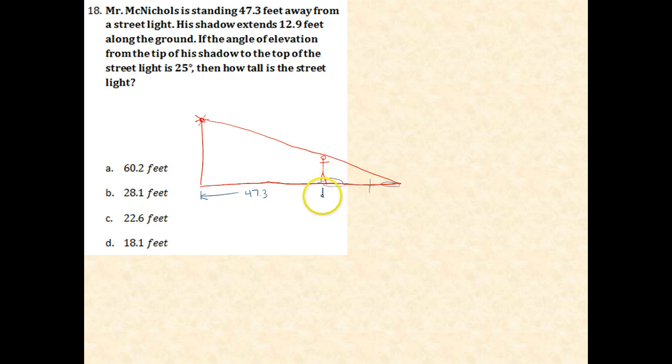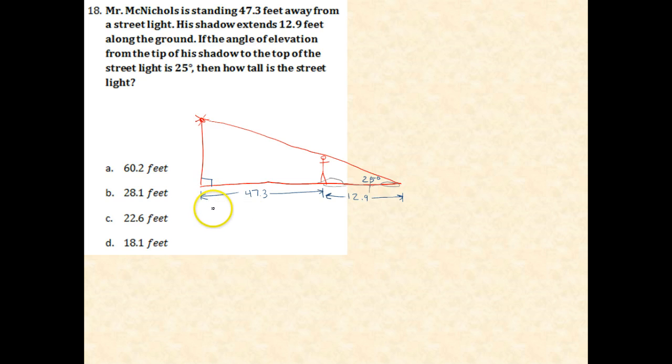Now he is 47.3 feet away from the street light, and his shadow is 12.9 feet long. The angle of elevation from the tip of his shadow to the top of the street light is 25 degrees. How tall is the street light? Okay, so what we're going to use is, we got this big triangle.